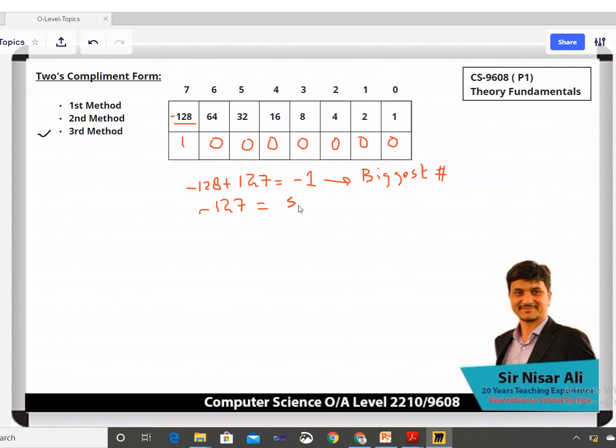Okay, this is the smallest negative number. So we got 3 numbers, -1, -128, and then we got 127 as well. So these are the representations of different numbers in the 2's complement method.